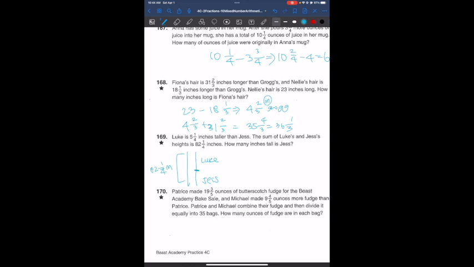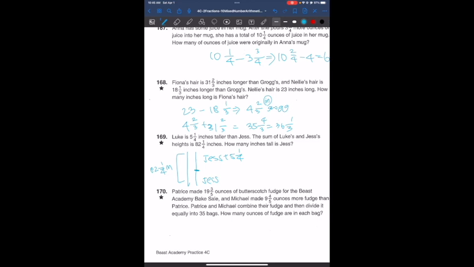Then Luke is 5 1/4 inches taller than Jess, so we can replace Luke with Jess plus 5 1/4 inches. So instead of having Luke, it's going to be Jess plus 5 1/4 inches.